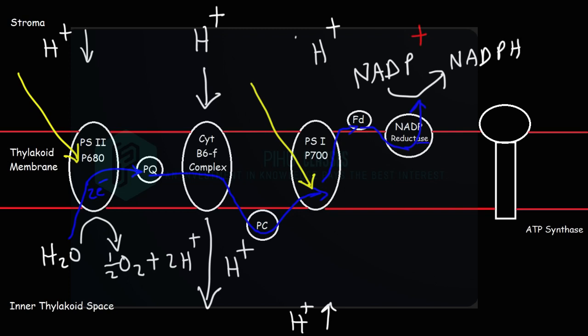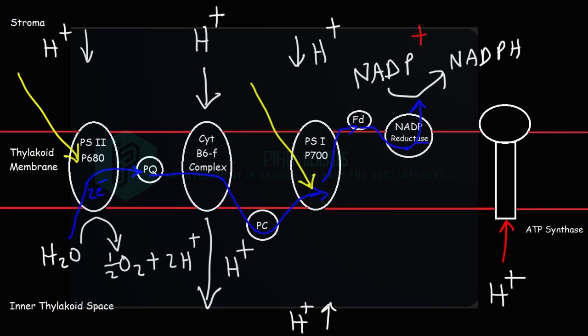So this reaction also reduces the hydrogen ion concentration in the stroma, which will favor the production of ATP soon. So because there's a buildup of hydrogen ions on the inner thylakoid space, and there's very little hydrogen ions in the stroma, what's going to happen here now is these hydrogen ions, due to this concentration gradient, will begin to flow through an enzyme called ATP synthase in a process known as chemiosmosis.